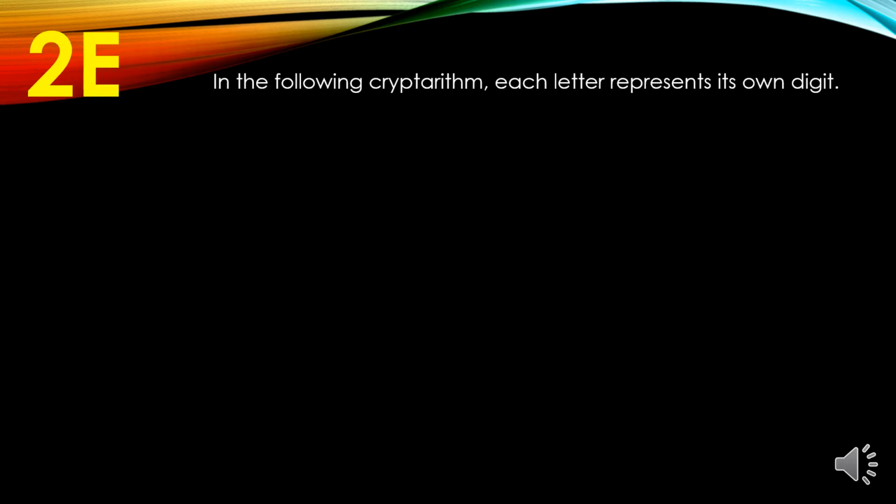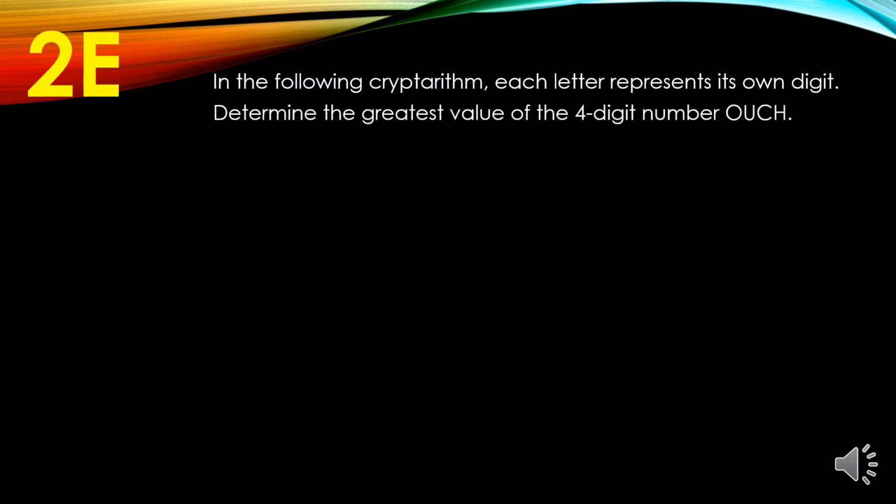In the following cryptarithm, each letter represents its own digit. Determine the greatest value of the four-digit number OUCH. So this is the cryptarithm, or in other terms, I call it alphametic. Okay, so STUB plus TOE equals OUCH.